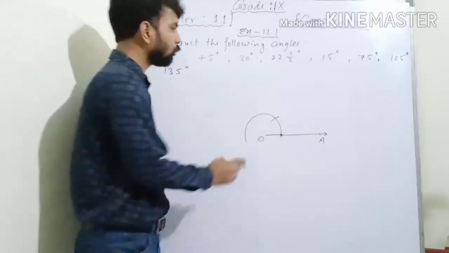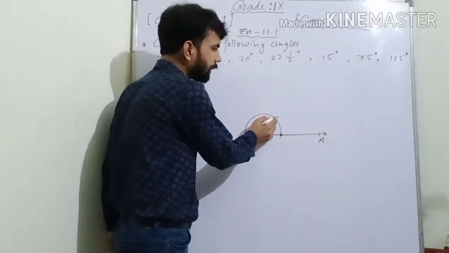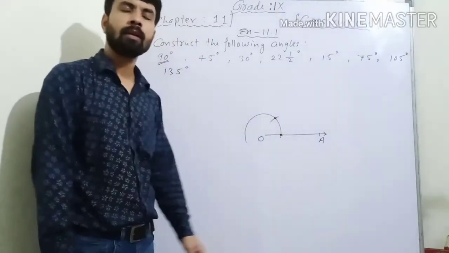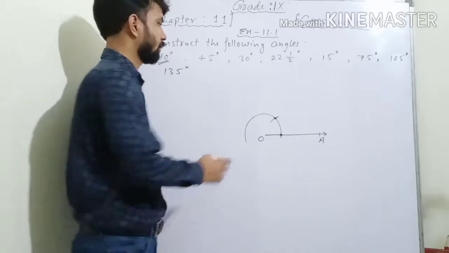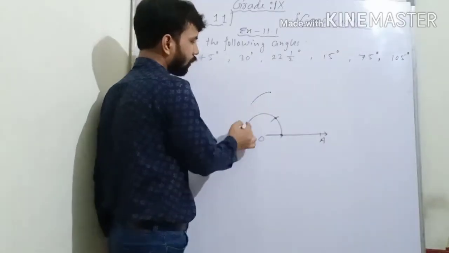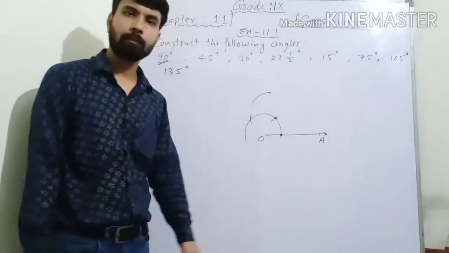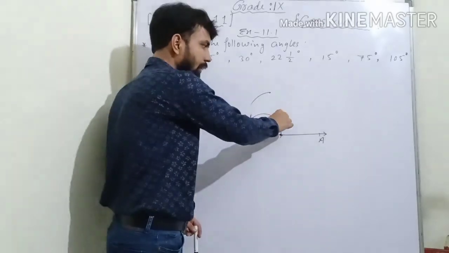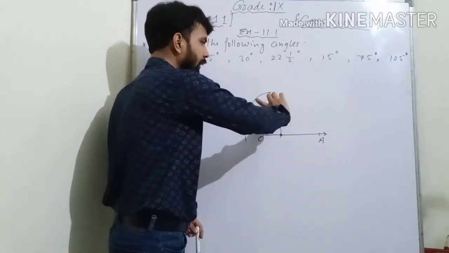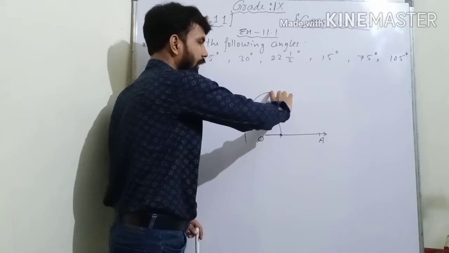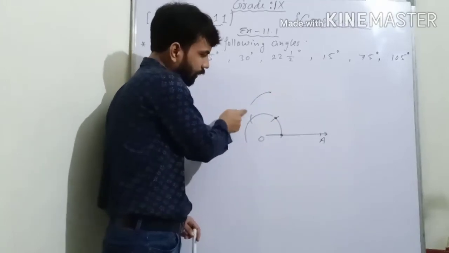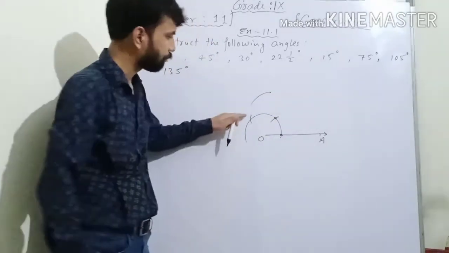Now again you have to keep your compass on this intersection point. Now you have to construct 2 arcs. One arc on the semicircle. Construct an arc in upward direction and another arc we have to put here.